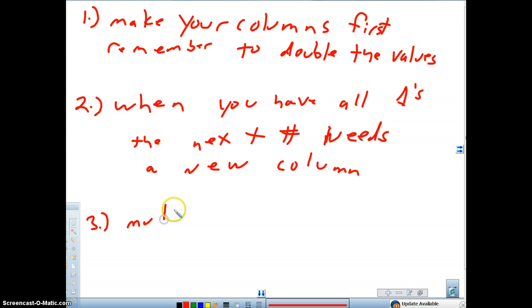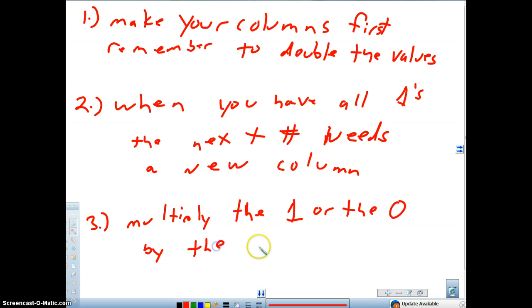Three: multiply the 1 or the 0 by the column, and add all. That's basically it. You do those 3 simple steps, and you can pretty much convert anything into binary, or back and forth.